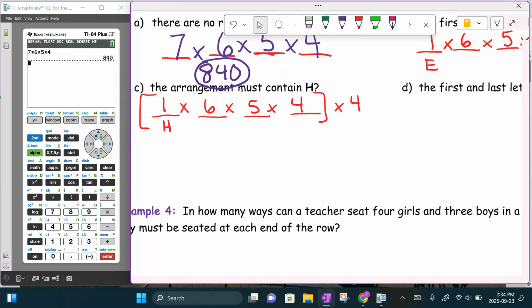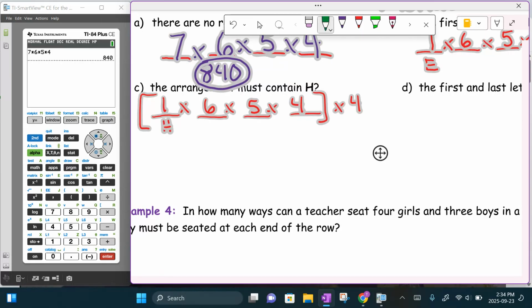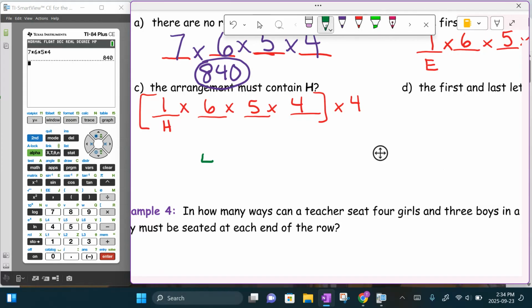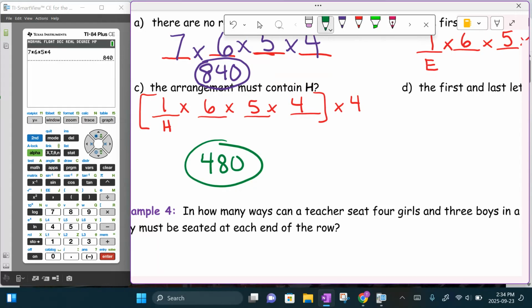So we count the one that it's on, but are there 3 others that it could go? Yes, so that's why we're timesing by 4 and not 3. So 30, 120, 480. So 480 different 4-letter arrangements that guarantee an H in it.